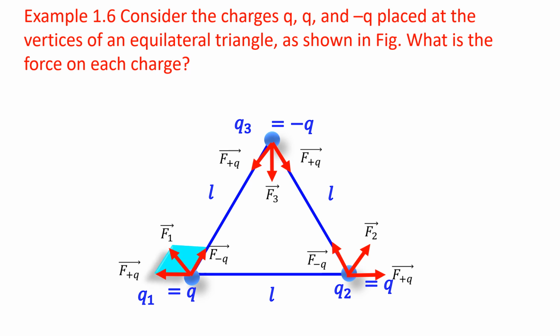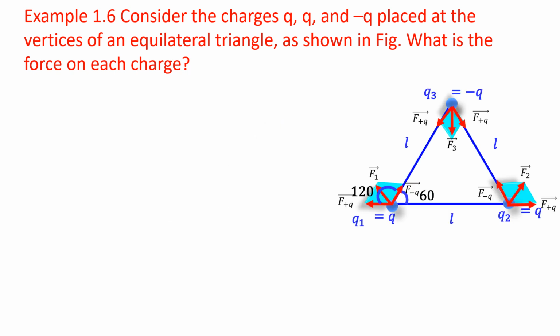The resultant vectors F1 vector, F2 vector and F3 vector are calculated by vector addition by the parallelogram method. This is an equilateral triangle, so the interior angle is 60 degrees and the exterior angle is 120 degrees.